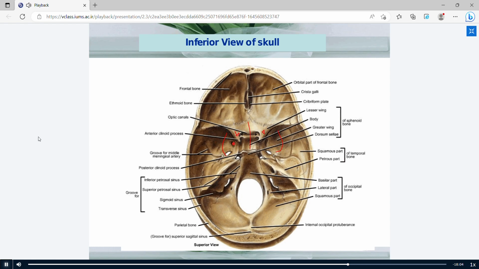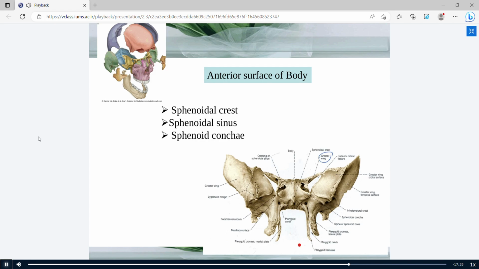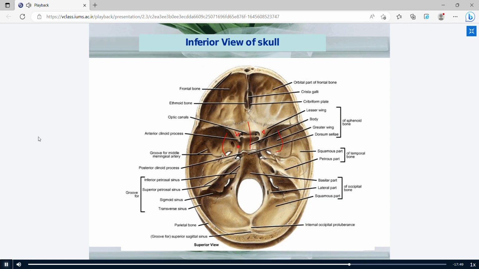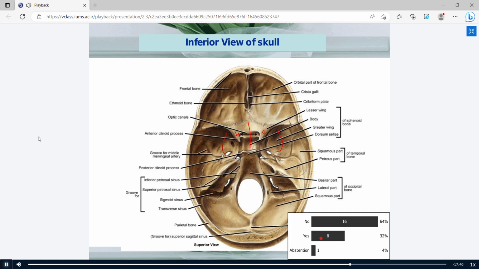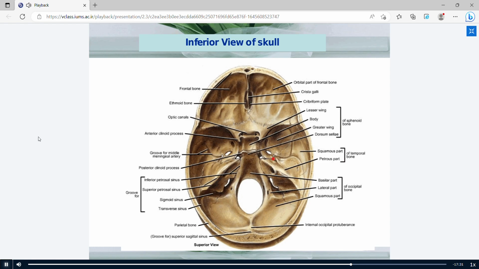Really, can you see the pterygoid process on the internal surface? This is the pterygoid process. Where is it? 16 students answered correctly. Thank you. On the internal surface, there is no pterygoid process.